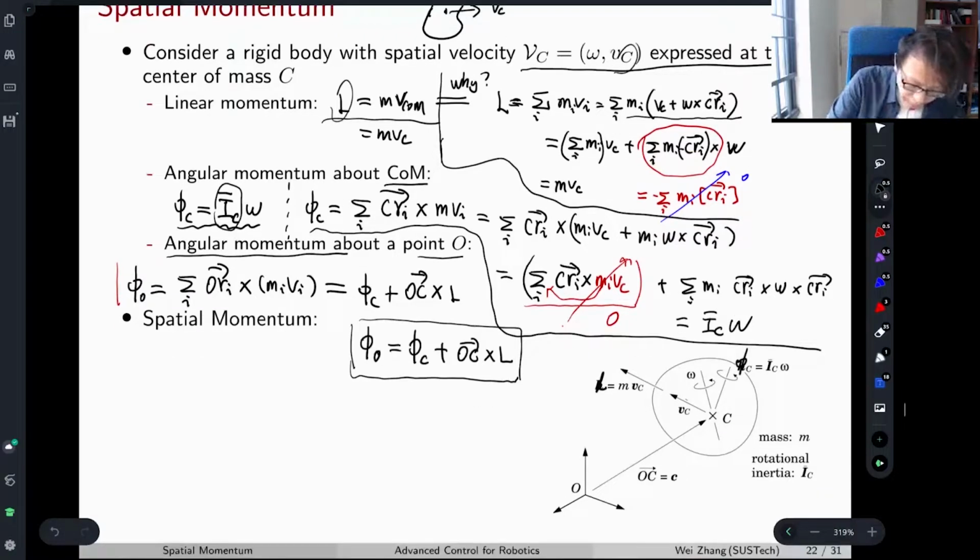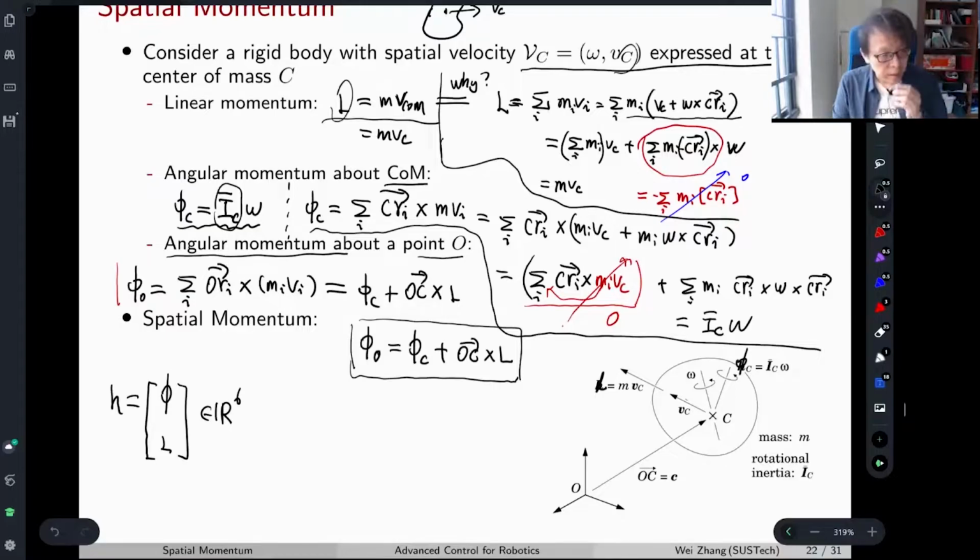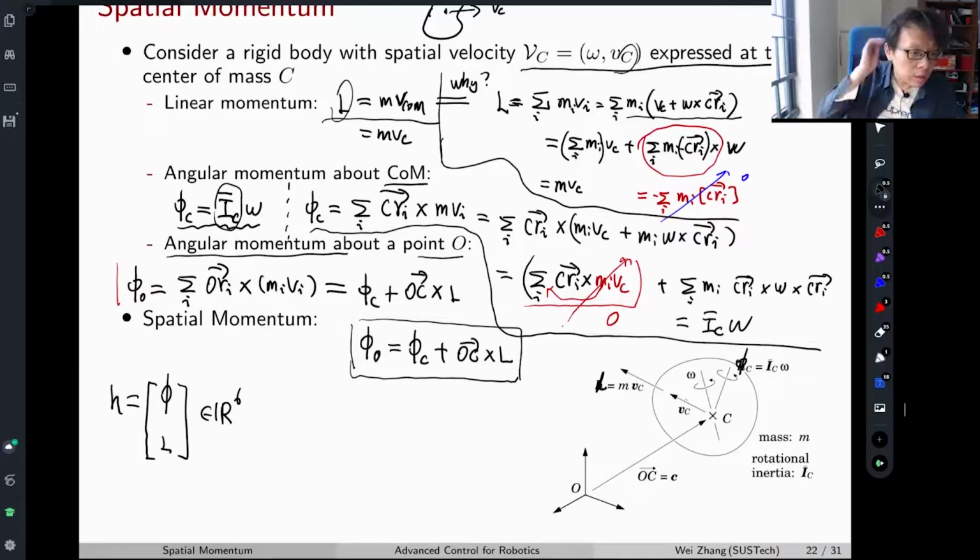Overall, I have a spatial momentum. Let's define the spatial momentum as H, and it consists of two parts: angular momentum and linear momentum. So this becomes a vector in R6. The angular momentum is also a vector. It's not completely aligned with the rotational axis; it's the inertia matrix times the angular velocity, another vector in R3.